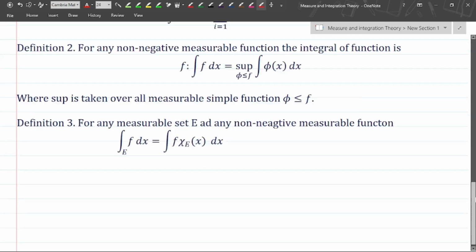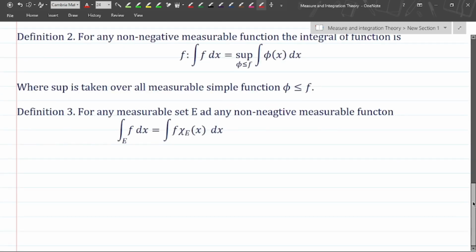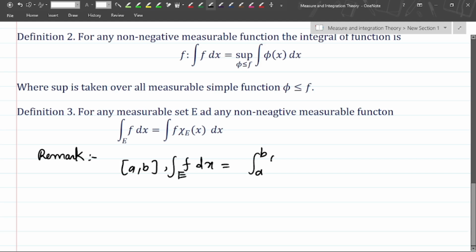Now we are going to prove some results. First, we have some remarks. If [a, b] is a closed interval, then the integration over E of f dx is the integral from a to b of f of x dx.